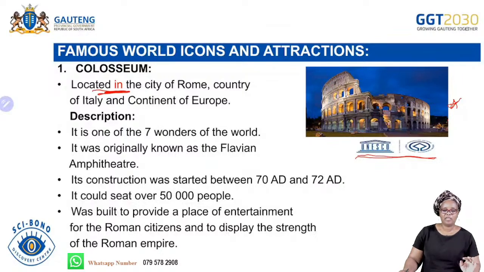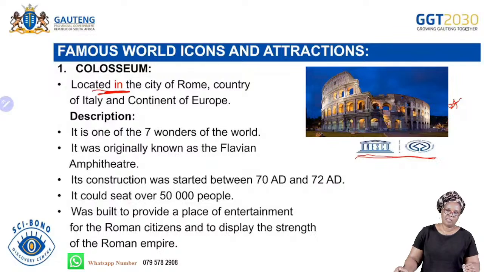It was a place of entertainment whereby people go there to be engaged in entertainment. Some will be spectators, some will be participants, then they will go to this area, to the Colosseum. It was a place of entertainment. And it was for the Roman citizens.